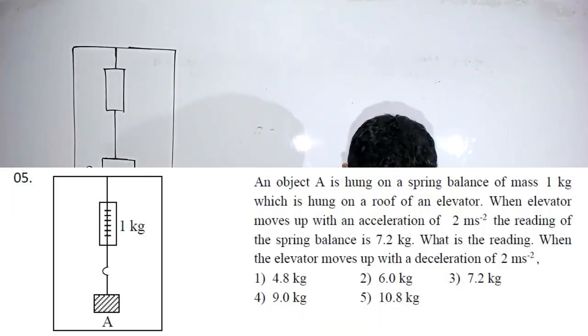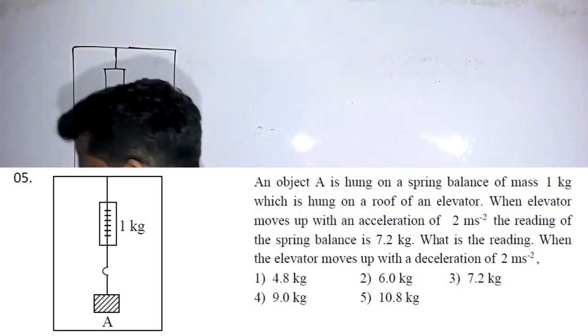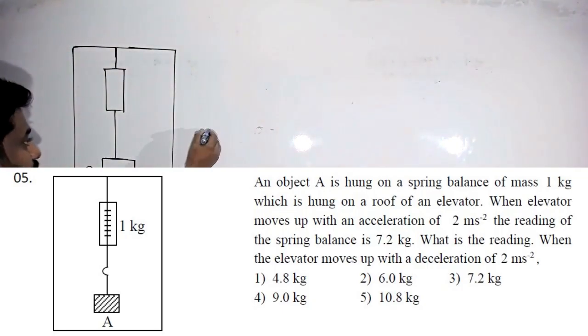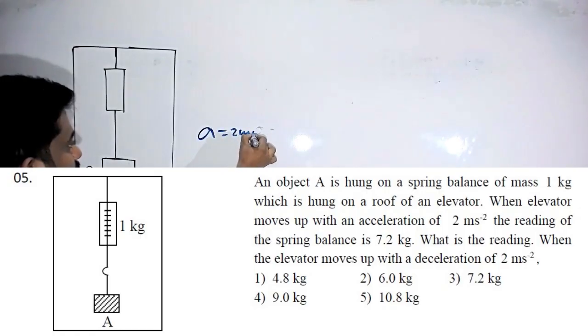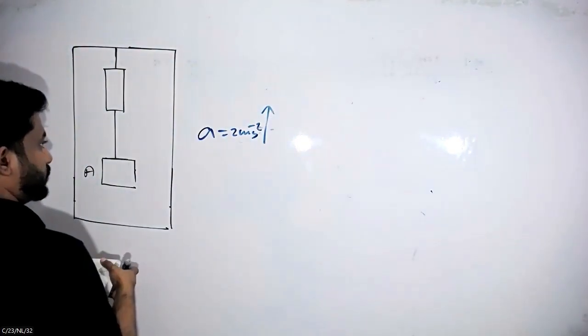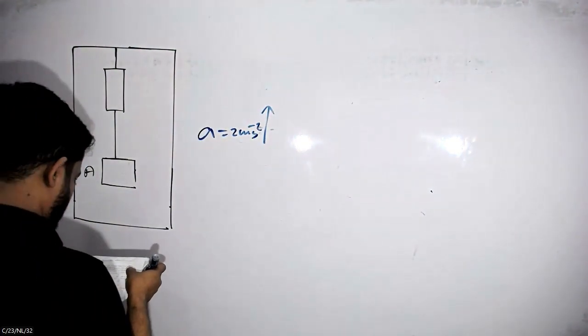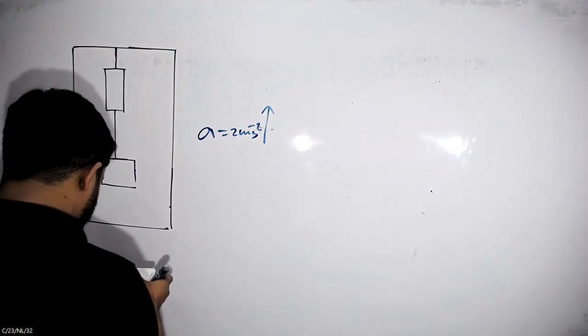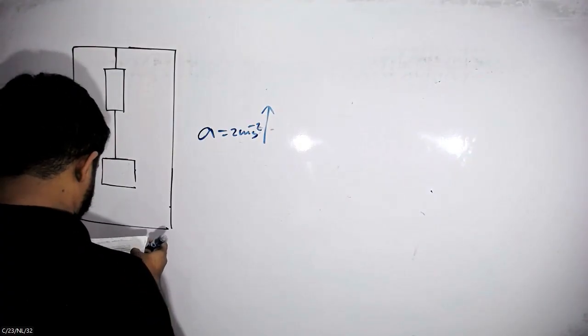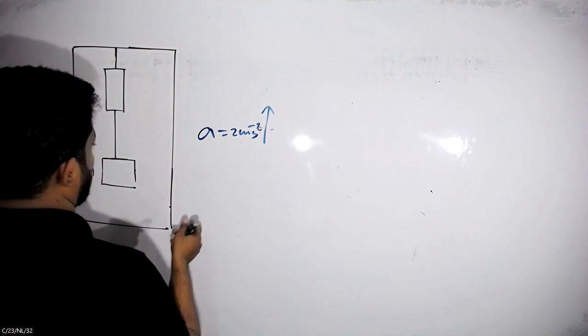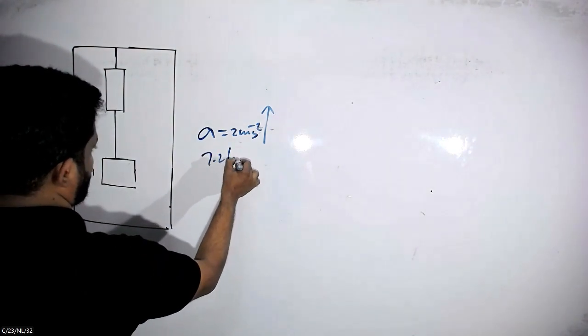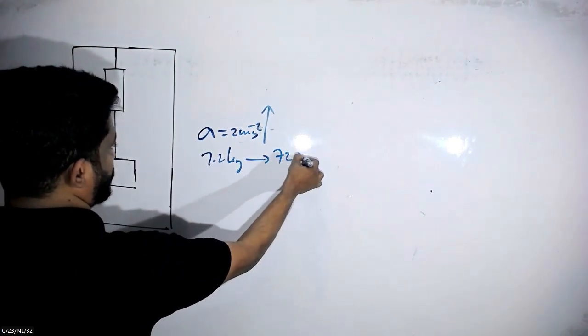Read the question. When the lift moves up with an acceleration of 2 meters per square second to the upward direction, the reading of the spring balance is 7.2 kilograms. 7.2 kilogram means 72 Newton.